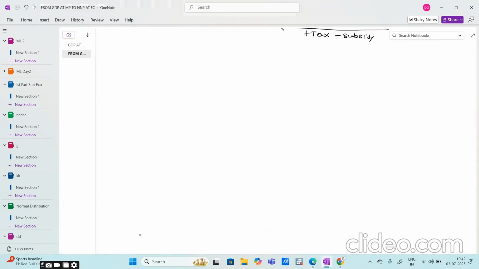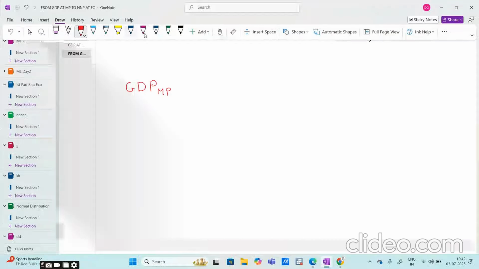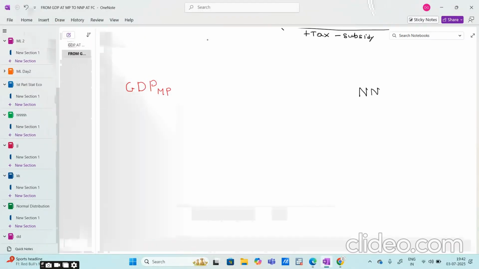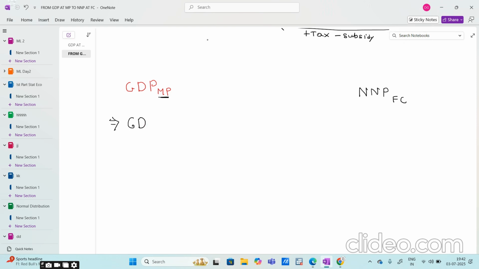Suppose we are given with GDP at market price, and what is our target? Our target is to reach NNP at factor cost. So at first I will try to convert this market price to factor cost, so at first I will try to find out GDP at factor cost.